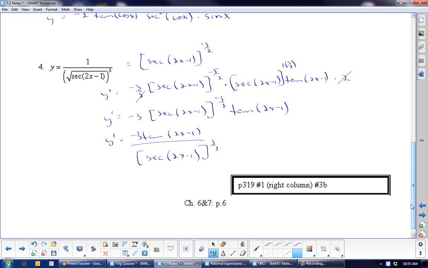And you could also do the square root. Okay, it also means that, right?